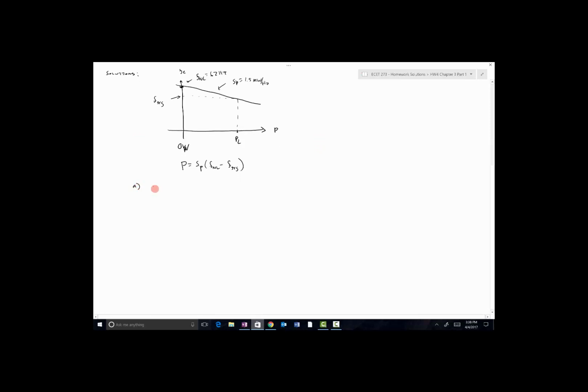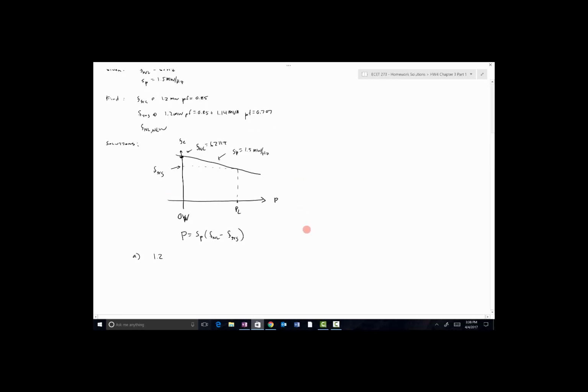In part A, we were told that the load was 1.2 megawatts at a power factor of 0.85. Well, if we look at the frequency droop characteristics, all we need is power. So the power factor in this part of the information is extraneous. We don't even need that. So that's just 1.2 megawatts.